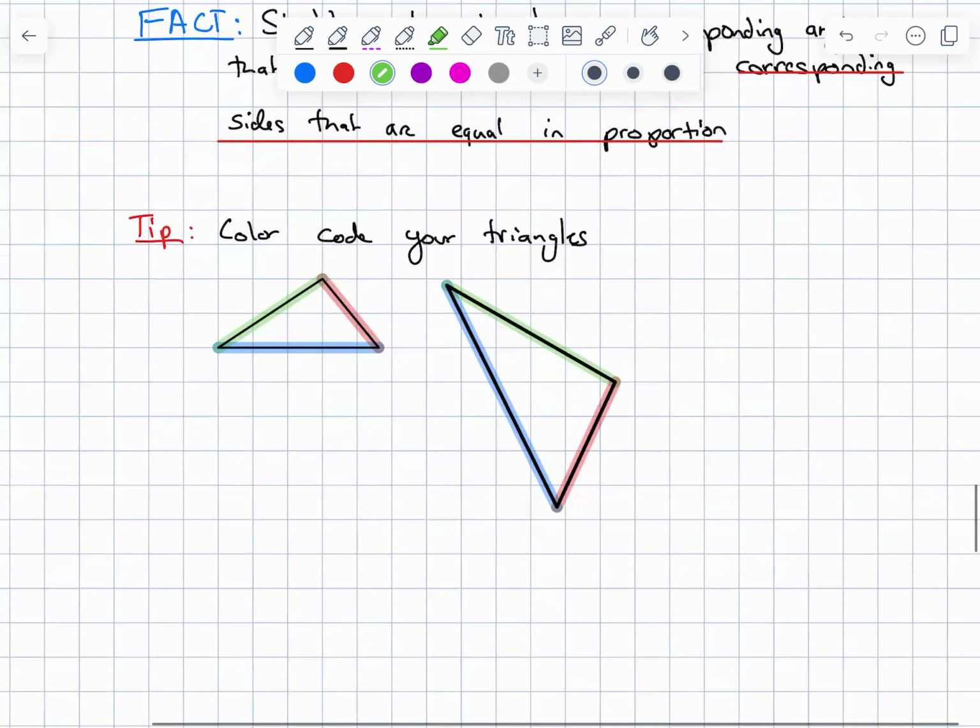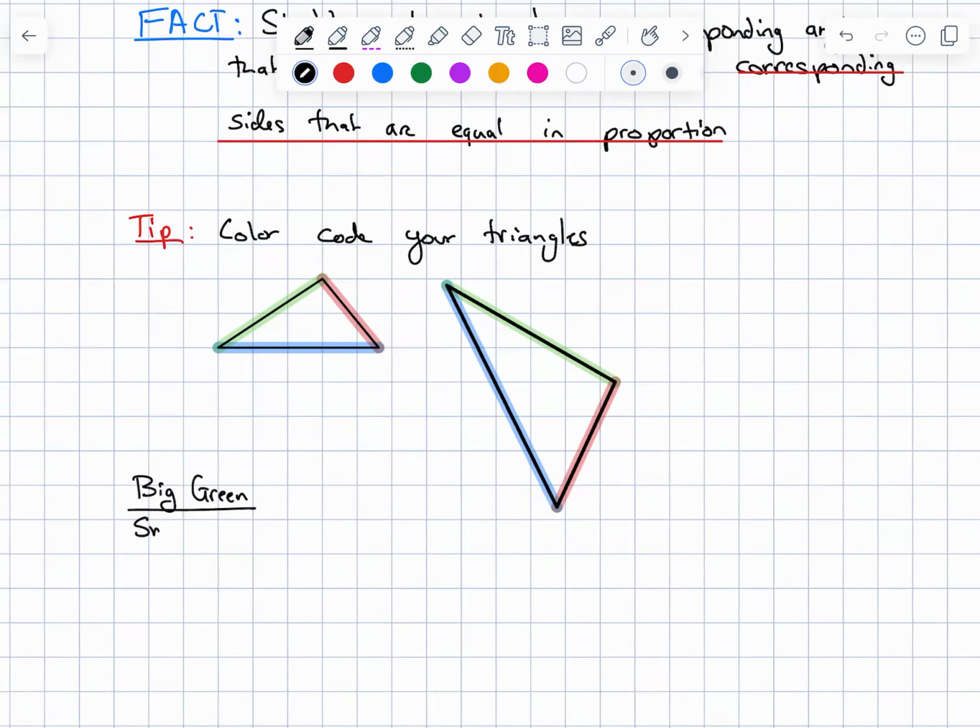The most common ones are saying things like big green over small green is equal to big red over small red is equal to big blue over small blue. But there's many different ways you can do this. Those are the ones that are most commonly used.